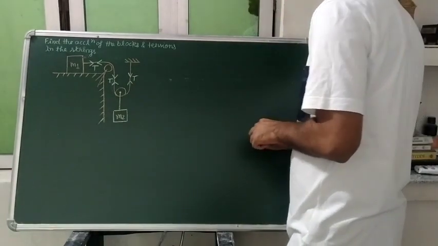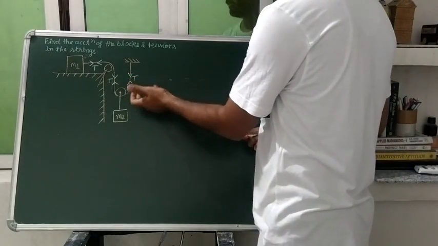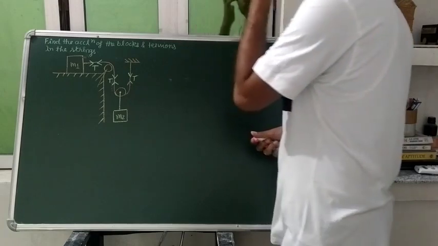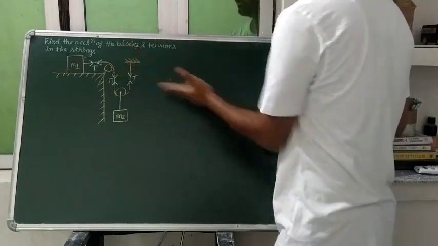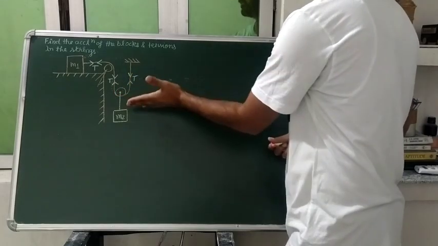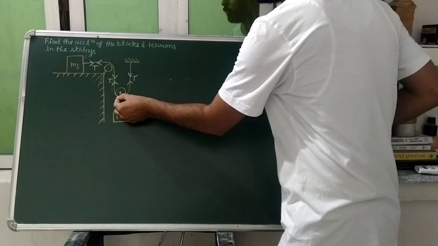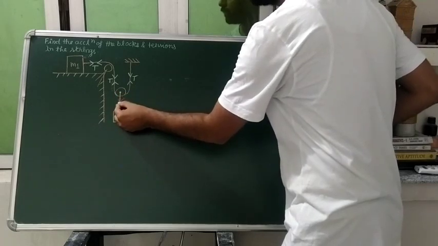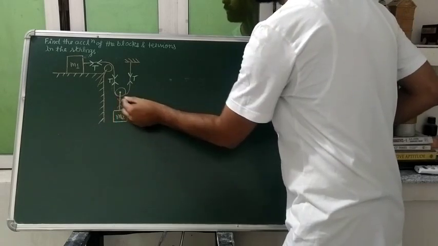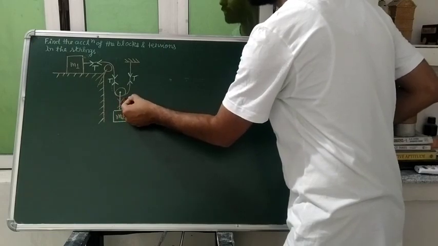Of course students, if we are drawing the free body diagram of this pulley, we will cut this string from here, and cut this string from here. So T and T tension is acting upward. So of course here twice T tension will be present in this string, isn't it? Twice the T tension will be present in this string.